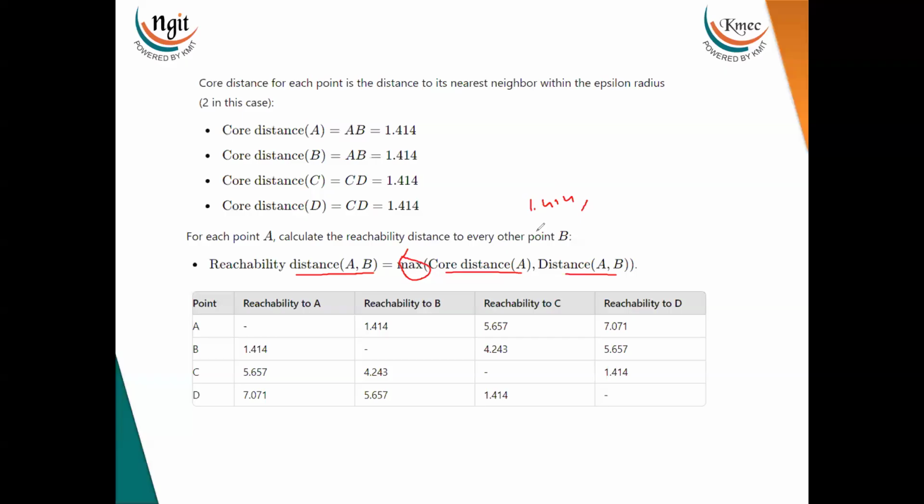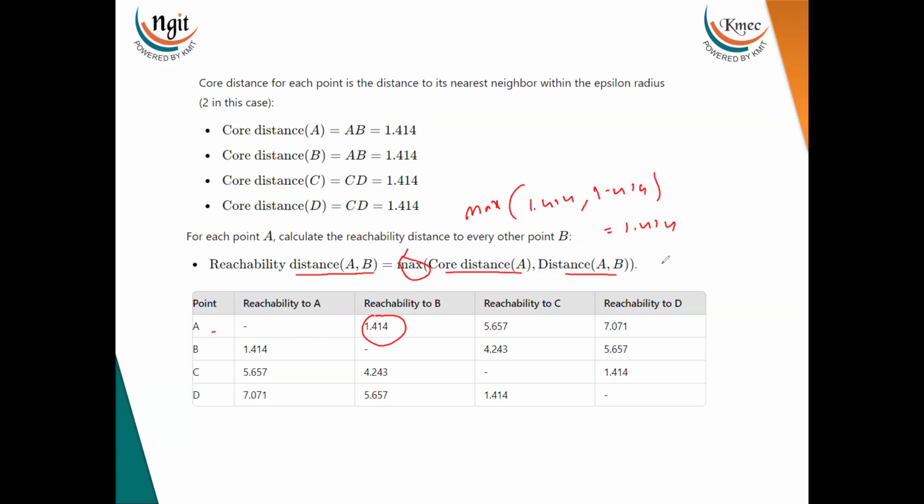So we need to consider the maximum among these, right? When we compare, we can see that 1.414 is the maximum. So the reachability distance from A to B will be 1.414.